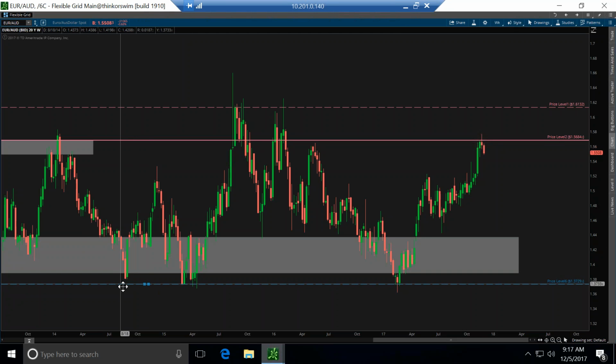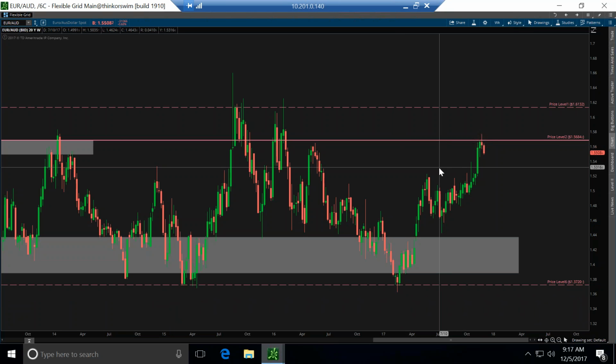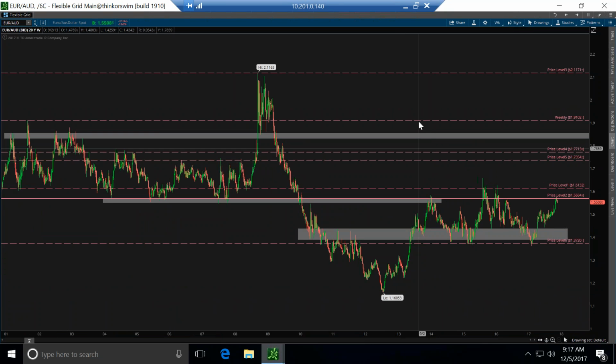So for me, I'm going to look a little lower, and I'm going to use these bodies here, because that manages these wicks. You see here, you get the nice strong reaction off of it, dip a little below, then retest, and then take off. So for me, now we've got a great area of support just below a reversal zone.